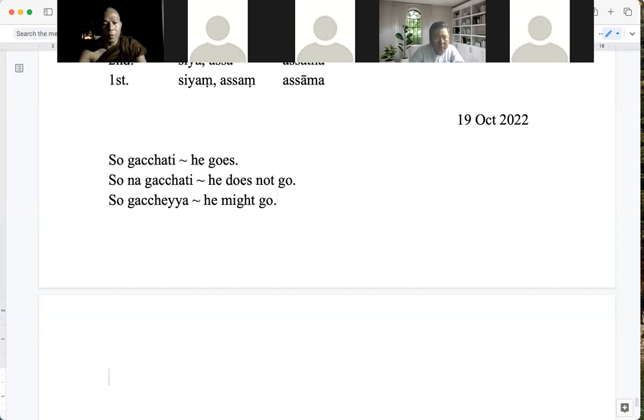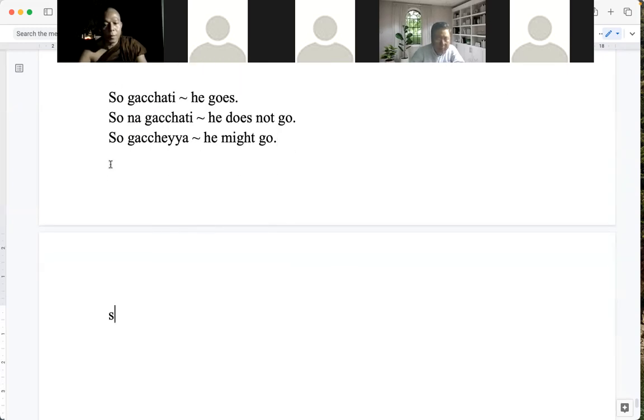With the negation, na gaccheyya, he might not go. Just that. Very simple how to form negation in Pali. For a question it is also very simple: just put the question word, the interrogative adverb, at the beginning of a sentence, mostly.